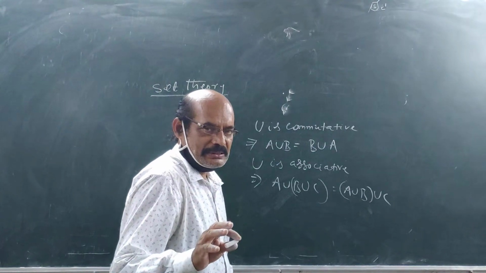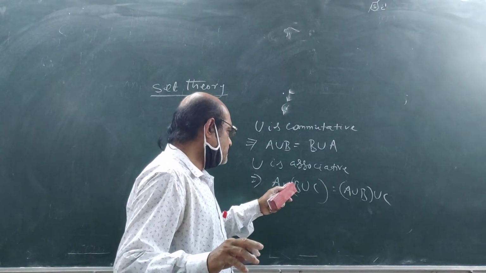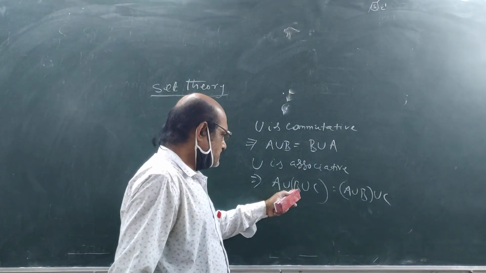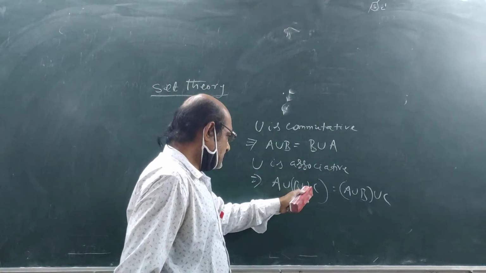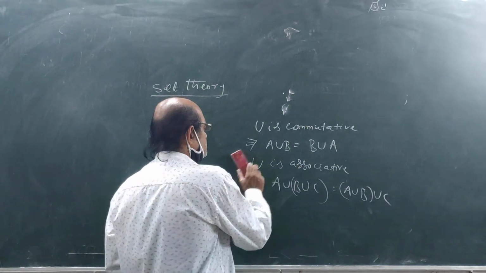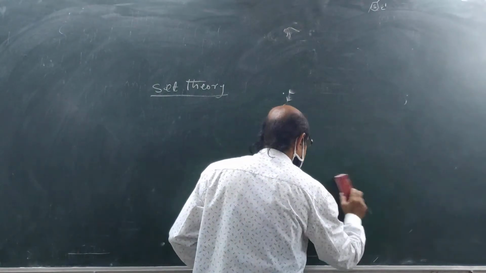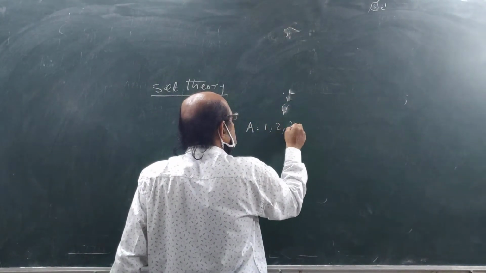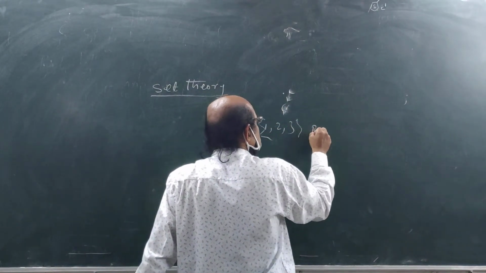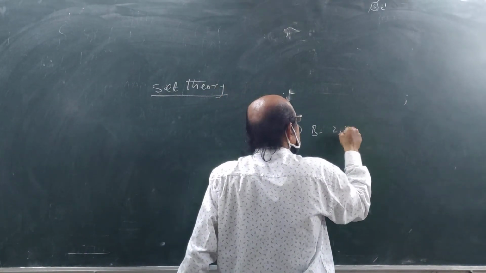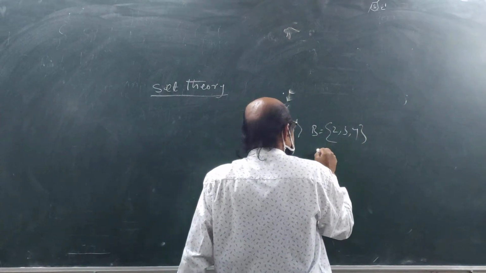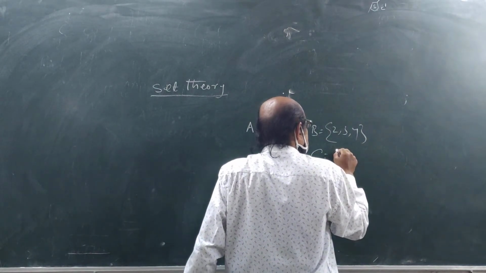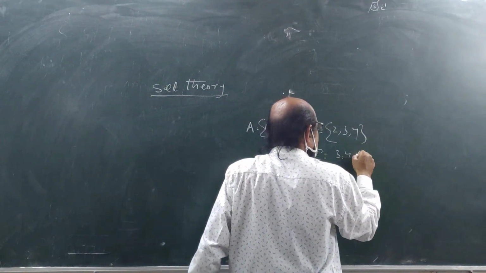So today I will give some examples to perform union problems. For example, A is equal to {1, 2, 3}, B is equal to {2, 3, 4}, C is equal to {3, 4, 5}.